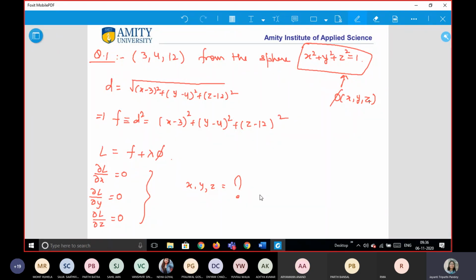We have to find the shortest distance, right? Yes. Given the value of Lagrange's function first, what will you get as del L by del x, del L by del y and del L by del z?